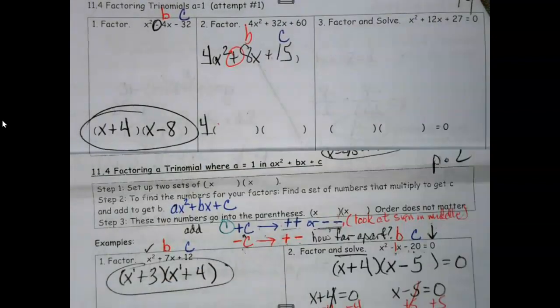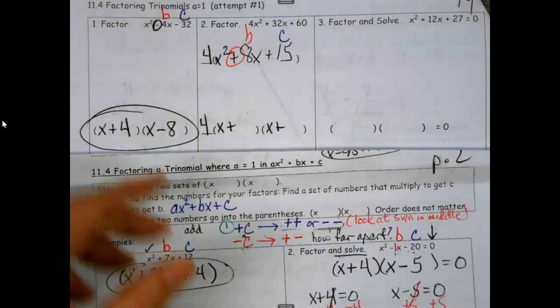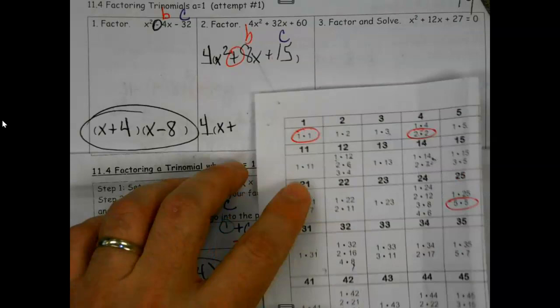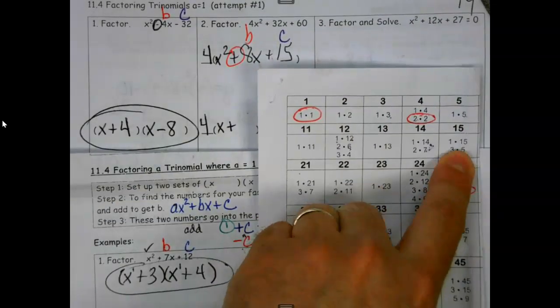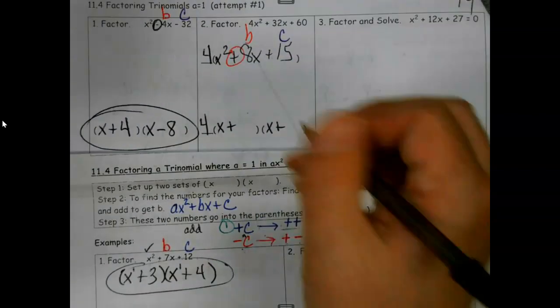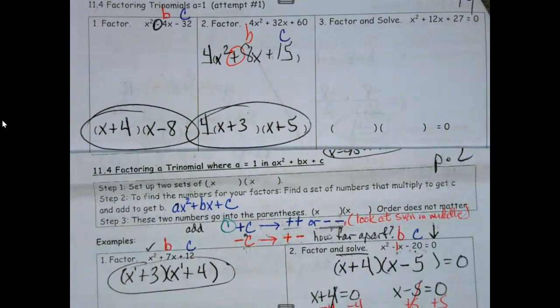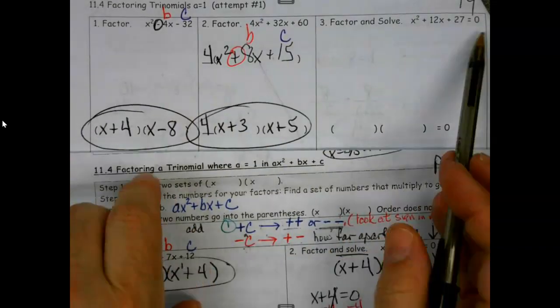So I got plus, and I got plus. My 15 box, which pair adds up to 8, that one. And I'm set.